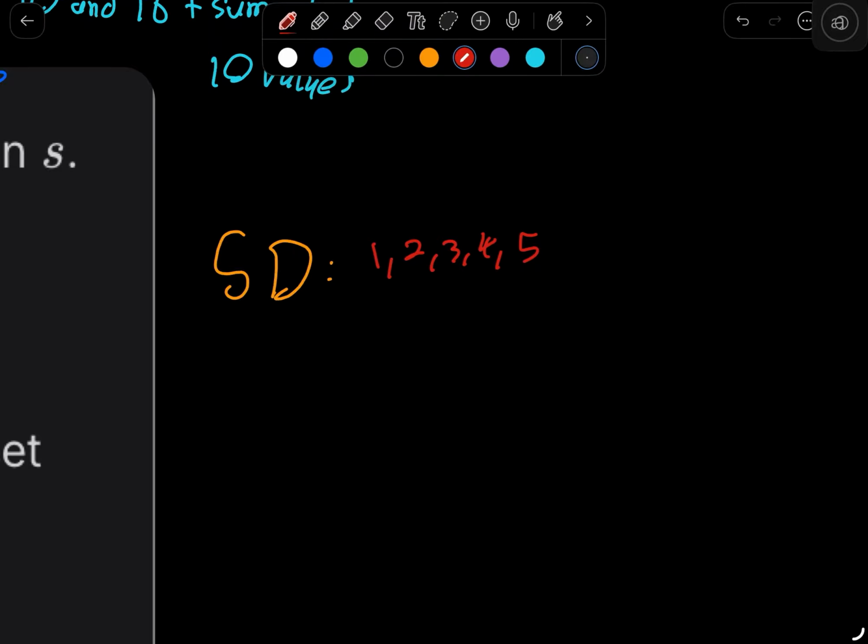And if you compare that to a data set with only ones, of course, the data set with only ones has less variance, because frankly, all of them are the same number. Whereas this data set is more spread out, it has more different numbers. So that's why this one would have lower standard deviation, because it has less variance.